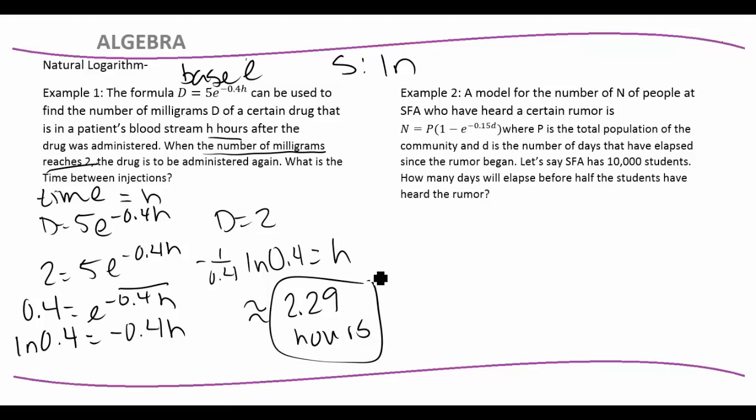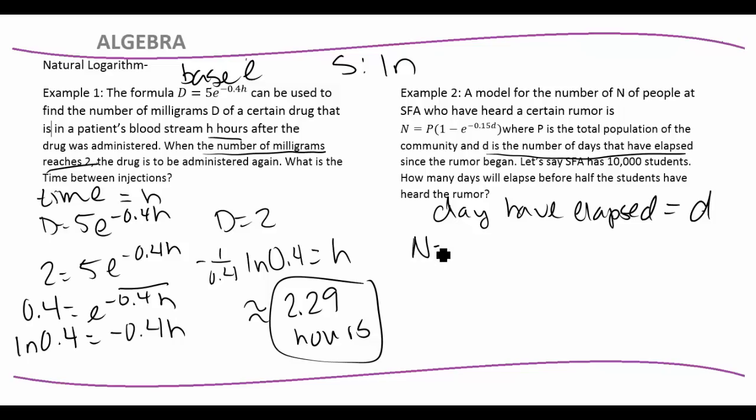So let's start off. What are we looking for? Step 1, we're looking for the days that have elapsed. Step 2 is to assign a variable, which we already know is d from the problem above. And step 3 is to translate the words into mathematical statements.